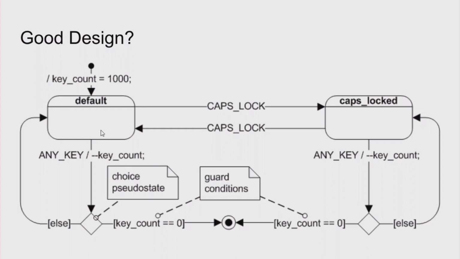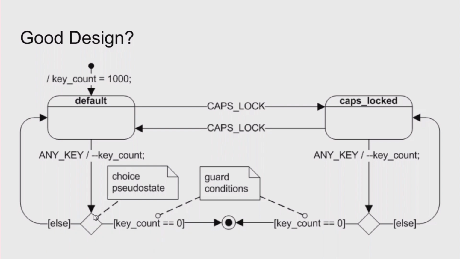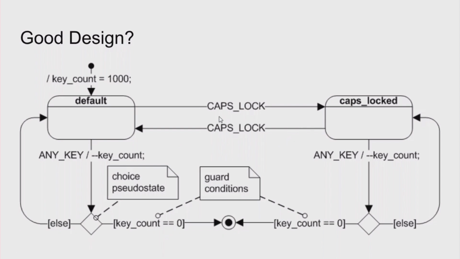Then we go into the default state, and when any key is pressed here, we decrease this key count, and we have this choice pseudo-state that decides that if we go to 0, then we're done. Otherwise, we loop back into the default state. Caps lock is something that we can press as many times as we want in this little keyboard here.